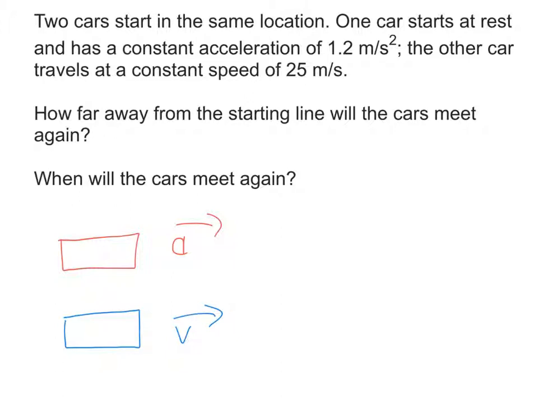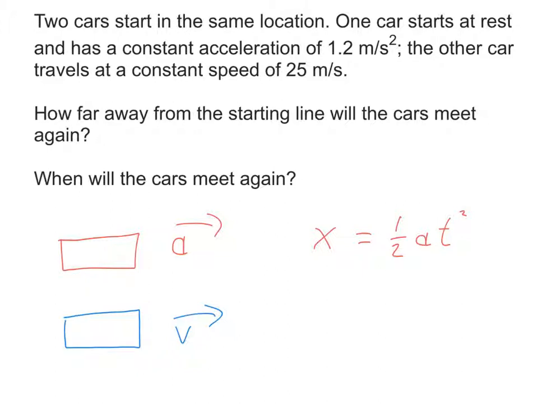So first thing we'd like to do is set up some sort of kinematic equation that can describe their motions. In the case of the car with constant acceleration, we can describe the motion of that car, its position as a function of time, with just this equation. This is similar to the kinematic equation that you've seen, but there's usually also a velocity term, but since the initial velocity is 0, I'm just ignoring that.